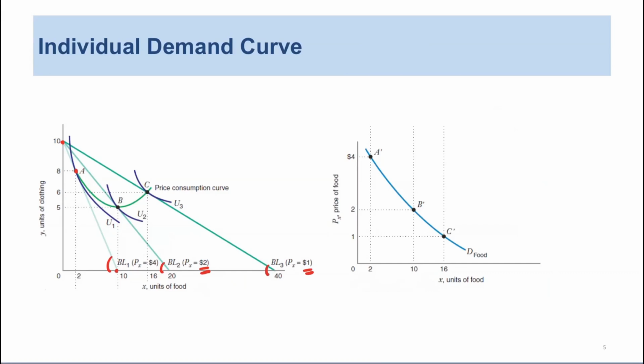At the same time, this marginal rate of substitution must be equalized with the relative price, and as the price goes down, the slope of the indifference curve tangent to this budget line must go down as well.